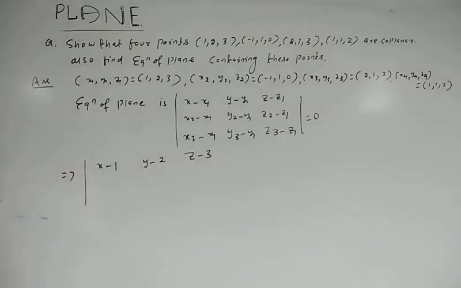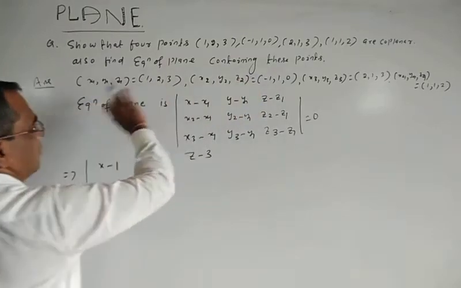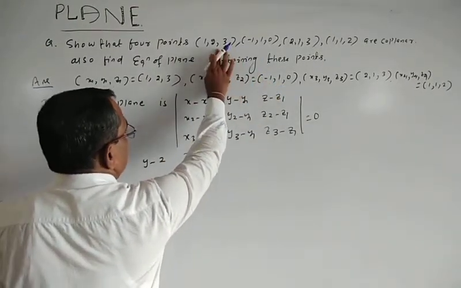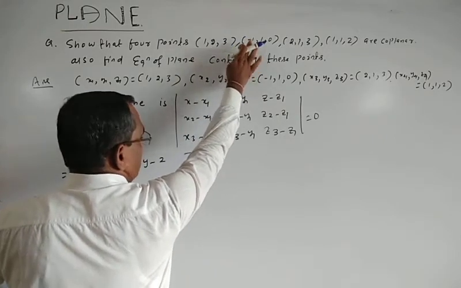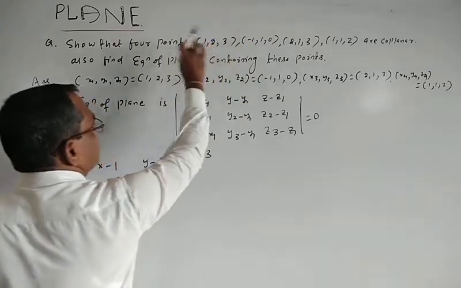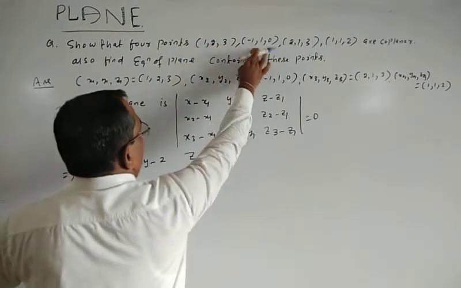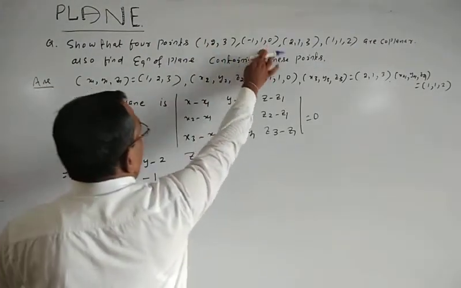3. In the second row we write second point minus first point. Okay, that is -1 here, this is the first point and this is the second point: x2 minus x1 means second point minus first point, -1 minus 1, 1 minus 2, 0 minus 3.